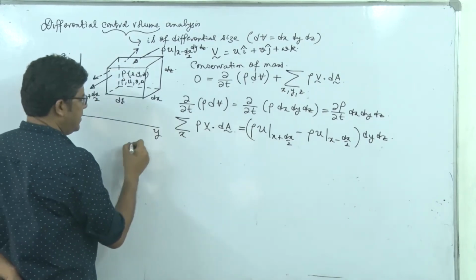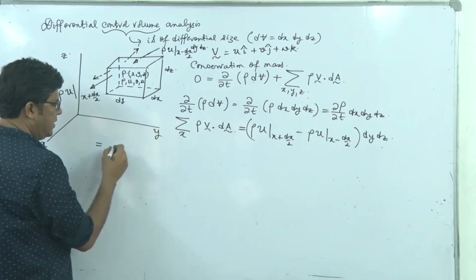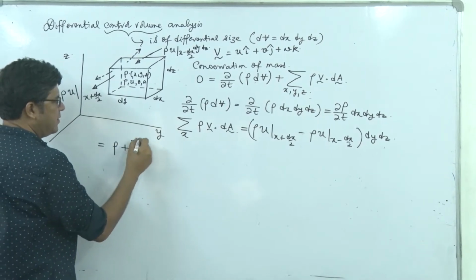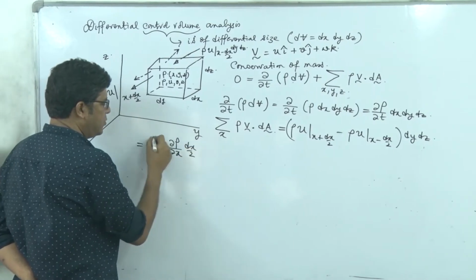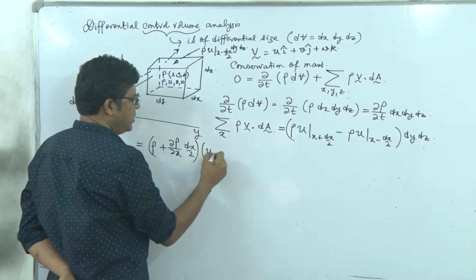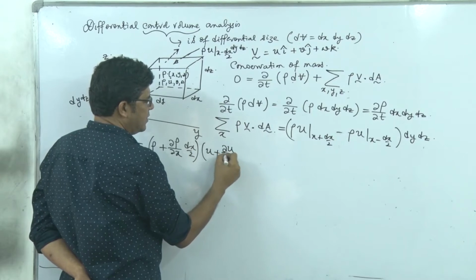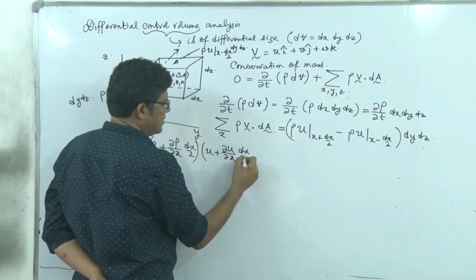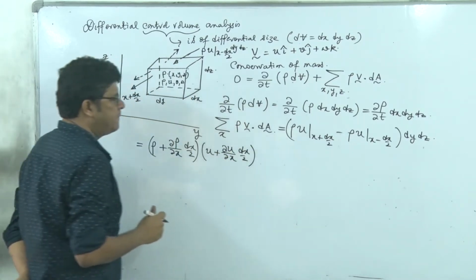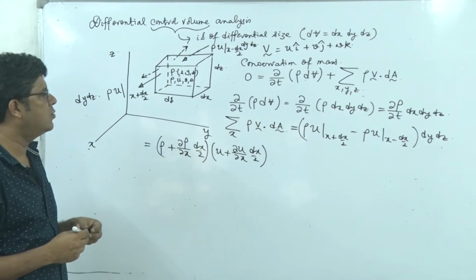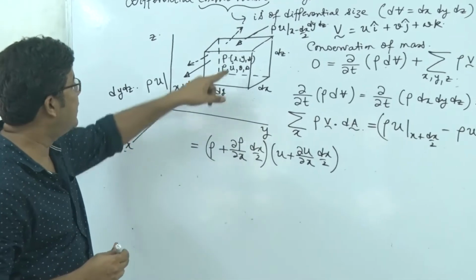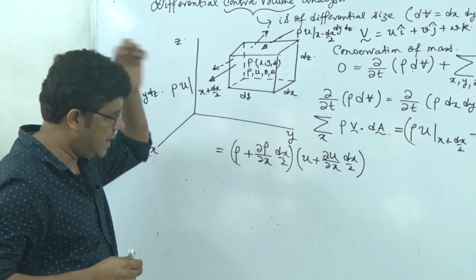So we can write this term as rho plus del rho del x into dx by 2, into u plus del u del x into dx by 2. We are expanding about the values of rho and u at x, which are given values at this point.